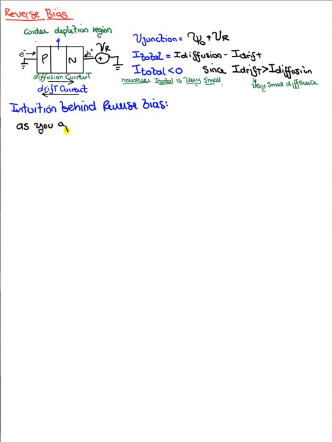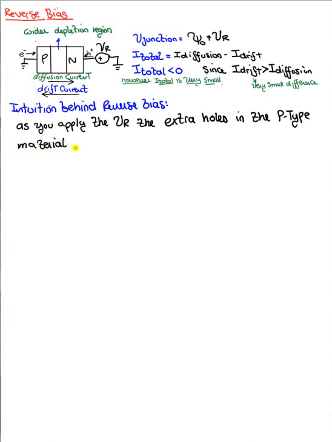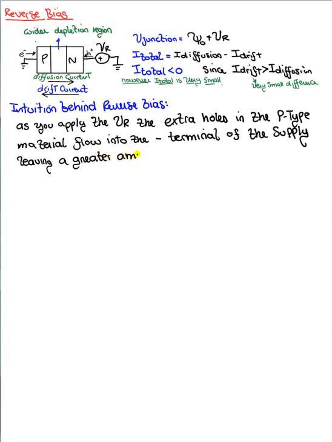So as you apply the reverse voltage V_R, the extra holes in the p-type material flow into the negative terminal of the supply, leaving a greater amount of negative fixed charges.